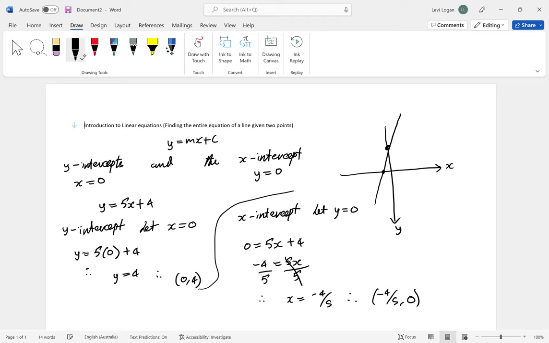That's a bit better. And label your points. So this is (0, 4), and this is (negative 4 over 5, 0). And then put the equation y equals 5x plus 4. And that's pretty much how you sketch. I'll be going over another example in a second.